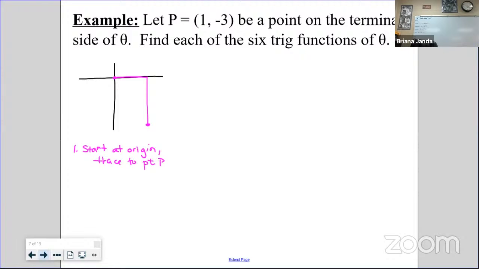Once I have done that, I'm going to now connect back to the origin and put theta at the origin.